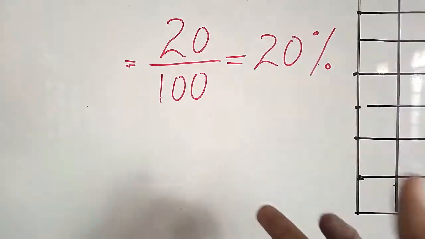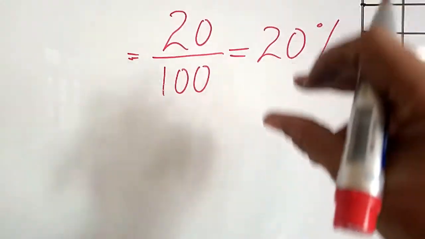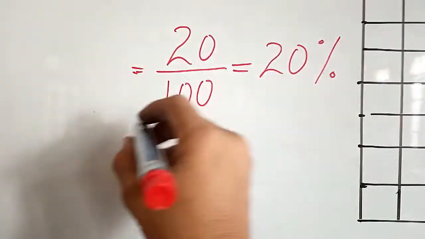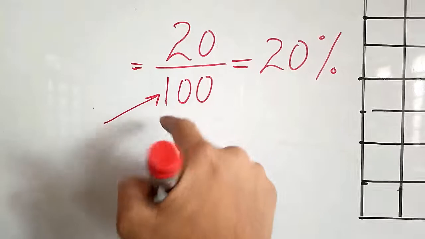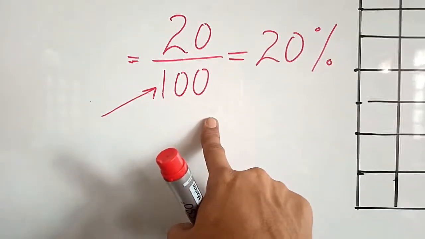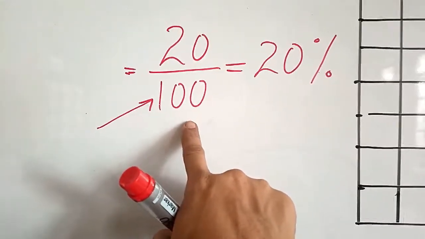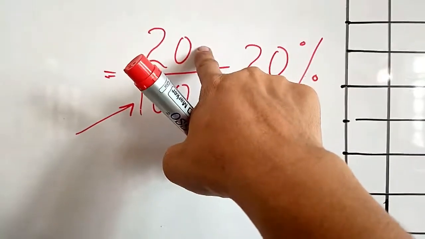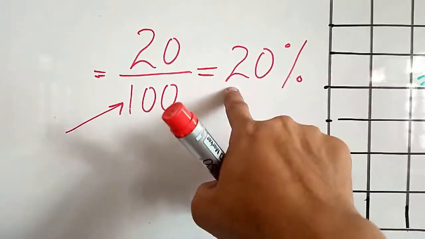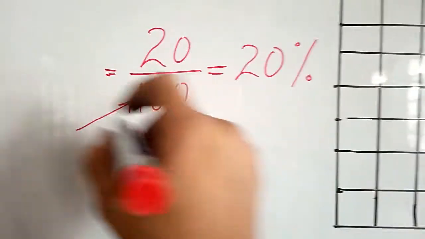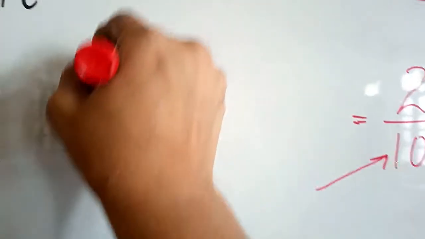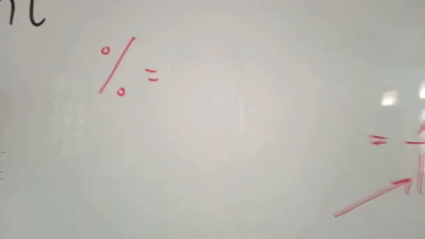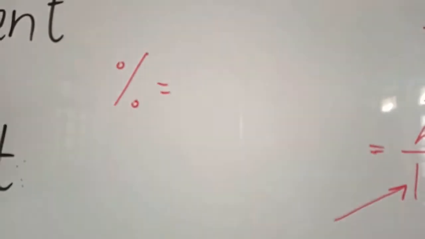The first thing, we have to convert the given number in fraction form. After fraction form, we have to make sure the denominator is 100. If the denominator is 100, then simply we will write the numerator as percent, like this, 20%. And this symbol is what we use for percentage to show the percent.